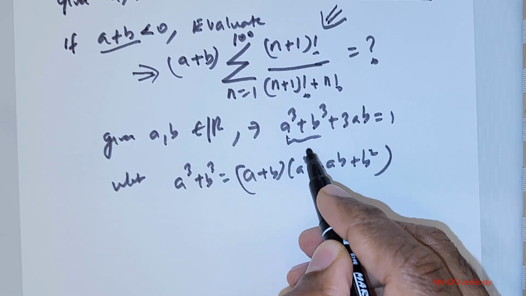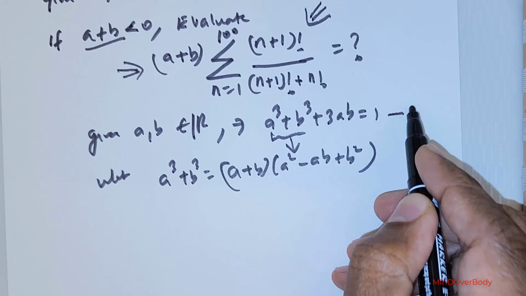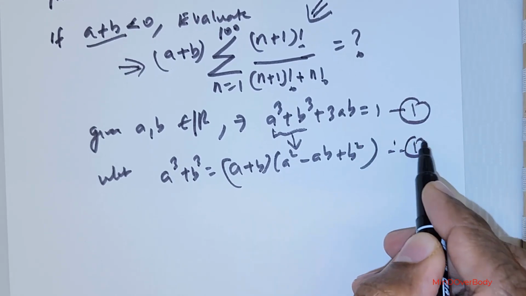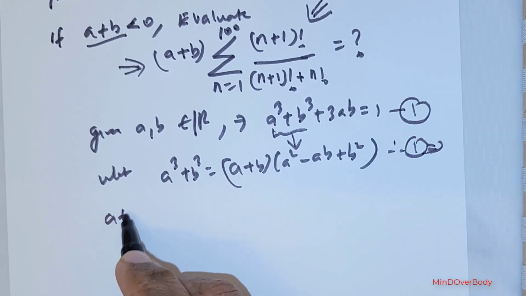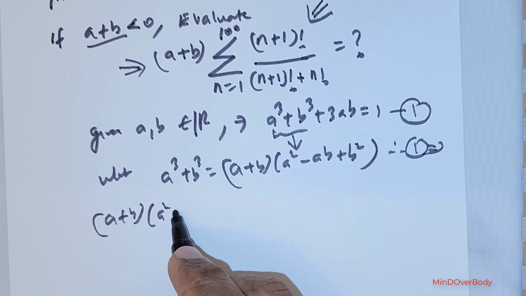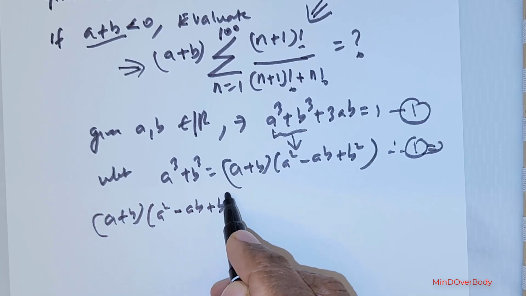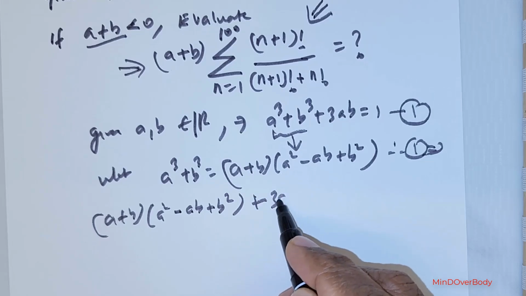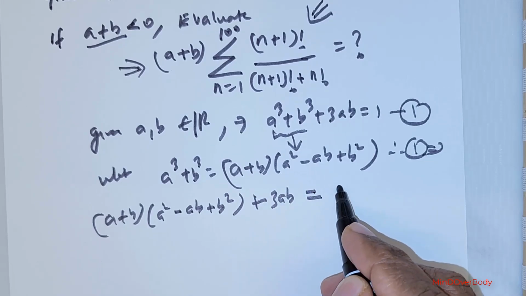So in place of this I will substitute this. So I'll take this as 1. Therefore 1 can be rewritten as a plus b multiplied with a squared minus ab plus b squared plus 3ab is equal to 1.